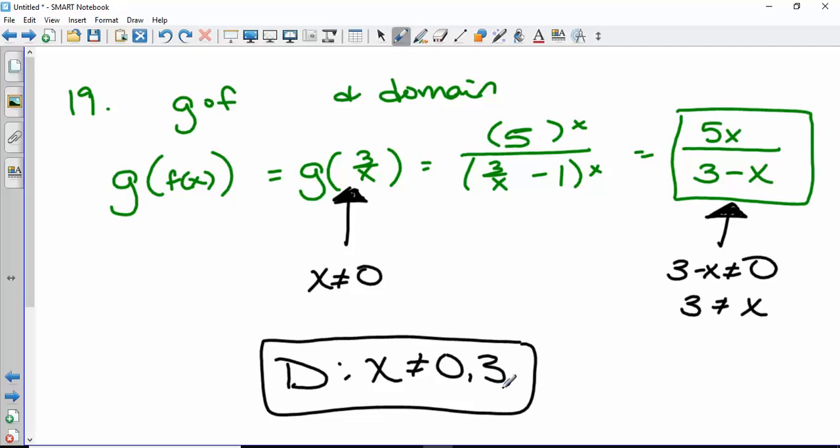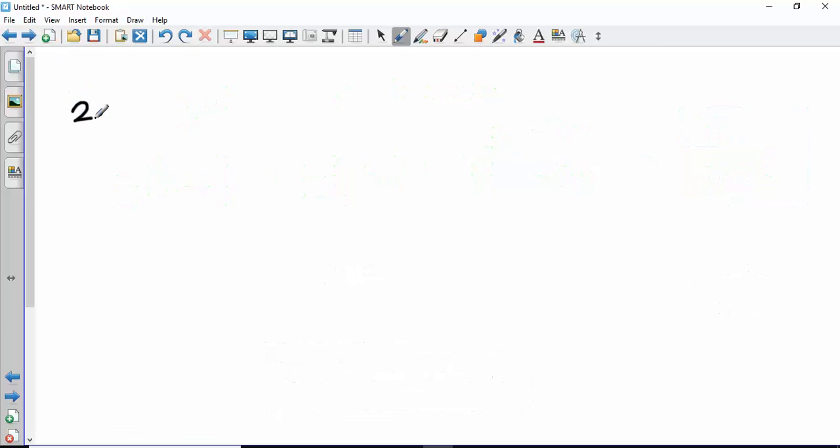Problem 20. We just asked for one similar to that, so maybe not that exact problem.